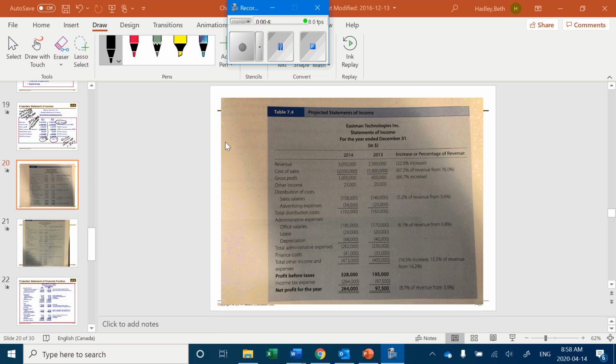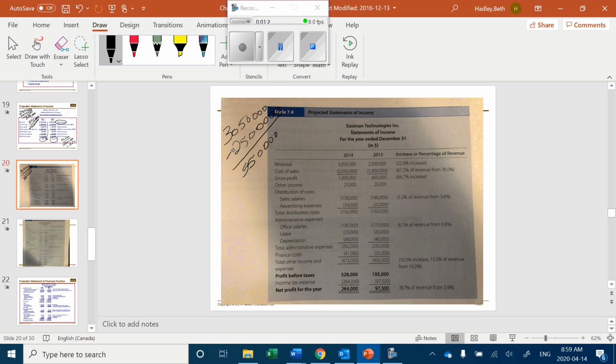Okay, so for your horizontal analysis for revenue, what was the increase of revenue from last year? So you do your 3,050,000 minus your 2.5 million from last year. And that is going to give you an increase of 550,000.